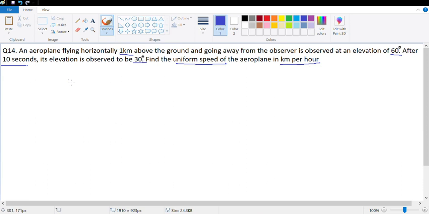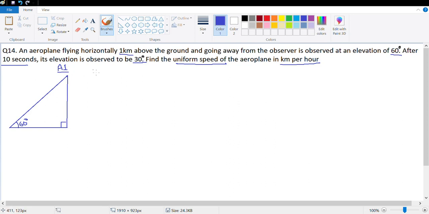So let's say this is the aeroplane and this is the height of the aeroplane from the ground, and let's say this is the ground. Okay, so this first angle of elevation is equal to 60 degree. Done. This is my aeroplane first position.